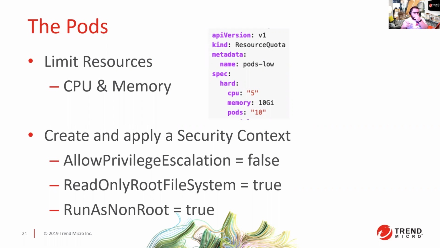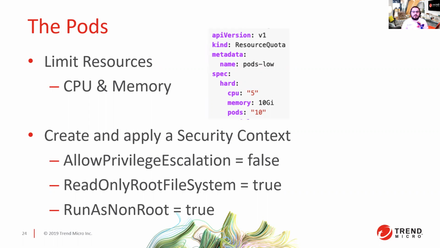Okay, that's good. And what are some basic things that you can also do on your cluster without needing third-party tools to protect yourself? So basically, you have the pods. As I said, the pod is the smallest deployment unit on the Kubernetes cluster.